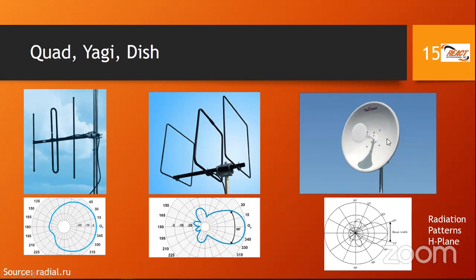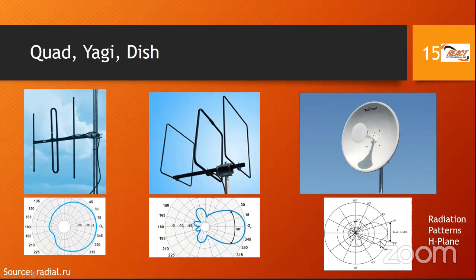And then we have the dish type antenna. You may be familiar with these antennas, DirecTV and even Wi-Fi antennas and so on. So this is a dish antenna. Notice it is even more directional. Very, very strong, very sharp lobe towards the front. Much sharper than this previous diagram and certainly much sharper than the previous diagram as well.